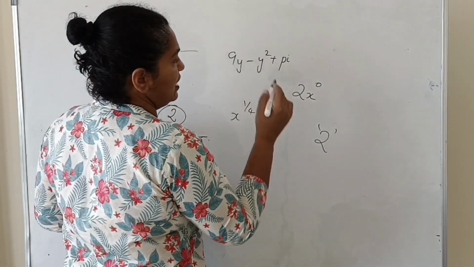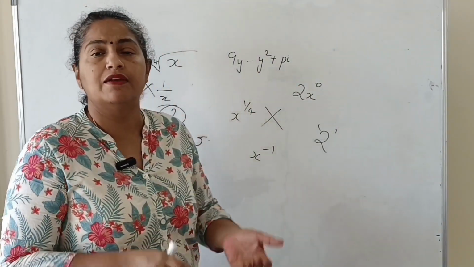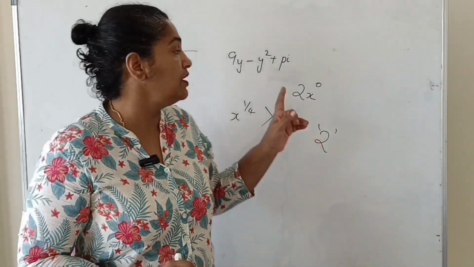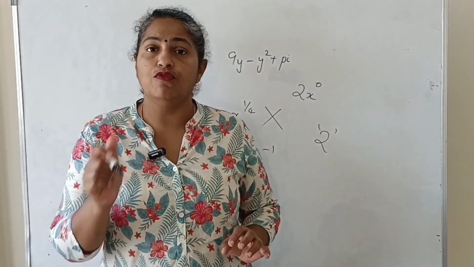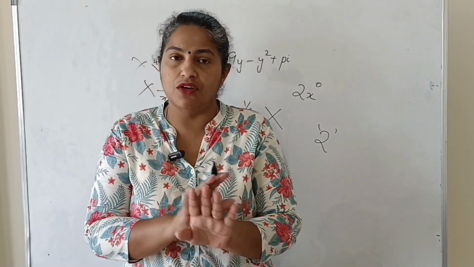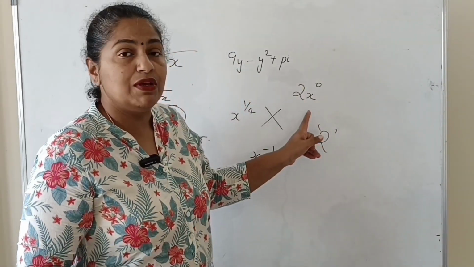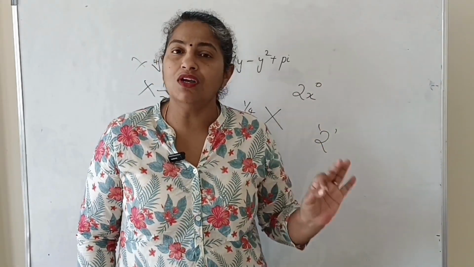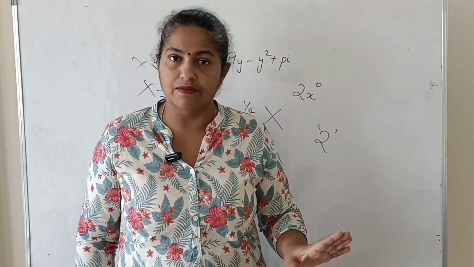So whenever you have a constant, let it be root 2, root 3, pi or any value for that matter, if somebody is asking you if it is a polynomial, please understand it is definitely a polynomial, no doubt about it. The reason is because you can always put an x raised to 0 next to it. So all constants are polynomials.